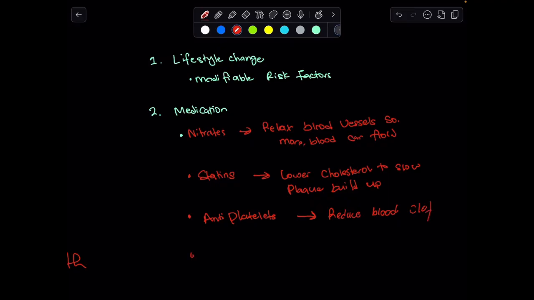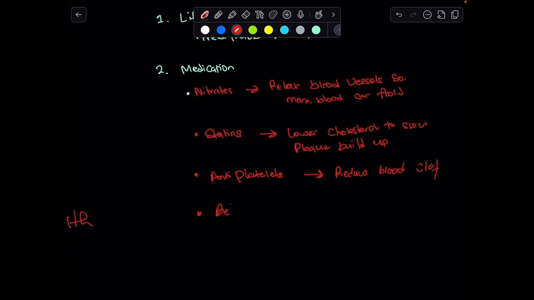And then you also have beta blockers, which slow the heart, so it uses less oxygen. Just think of it like this when I say slow the heart. Because remember, if the heart's beating faster, it's going to run out of breath easier. Let's use that terminology. If it runs out of breath easier, then it's going to die faster because we know it has no energy. So we want to slow how much oxygen it's using.